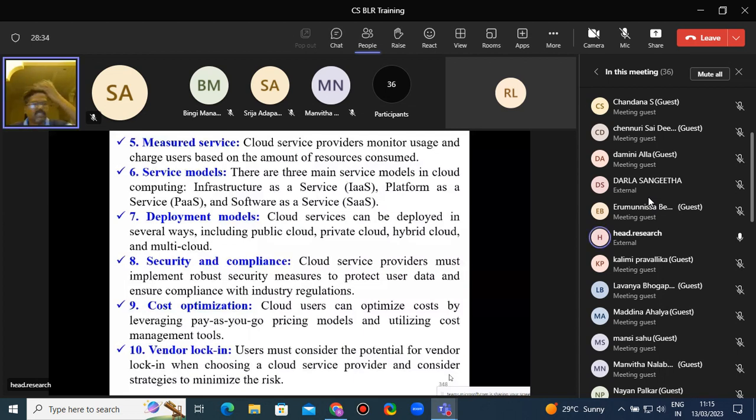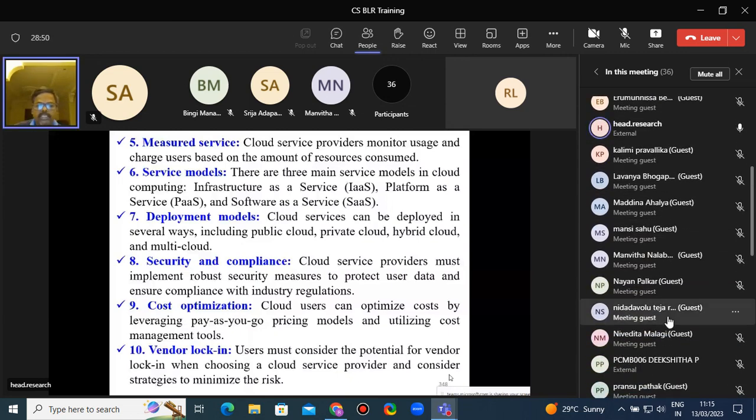Then the ninth one, cost optimization. Cloud users can optimize cost by leveraging pay-as-you-go pricing models and utilizing cost management tools. Tenth one is vendor lock-in. Users must consider the potential for vendor lock-in when choosing a cloud service provider and consider strategies to minimize the risk.